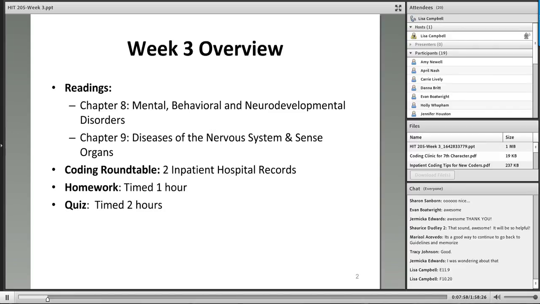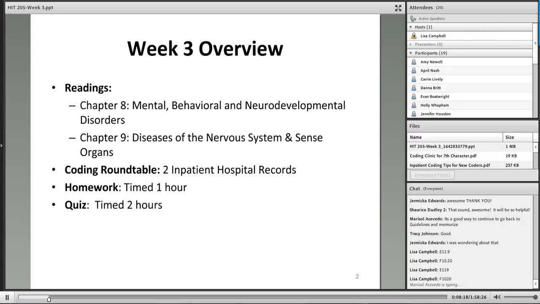So it is very difficult to grade a coding quiz when someone has done something like E11-9 or F10-20, because all the numbers start to run together. So for week 3 going forward, make sure that you insert the decimal point.